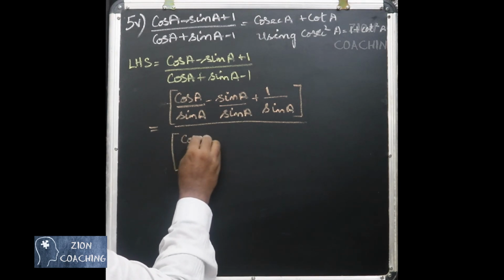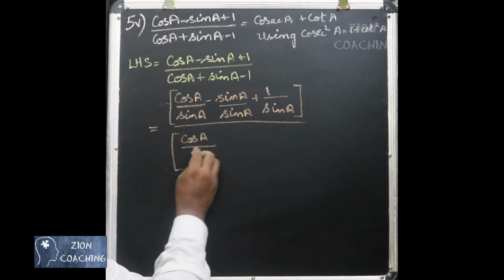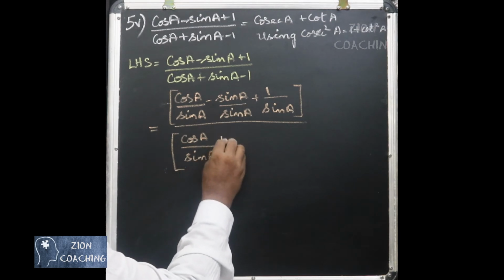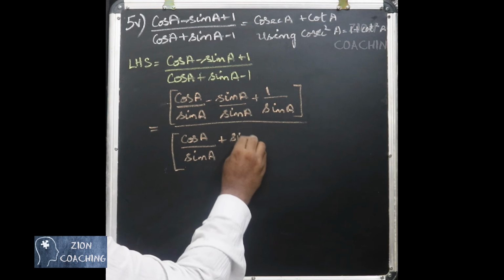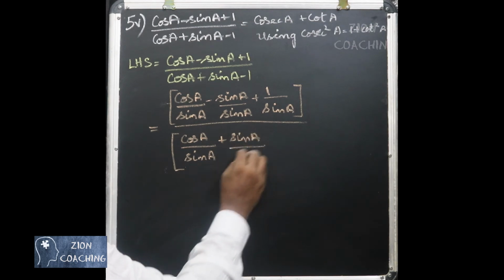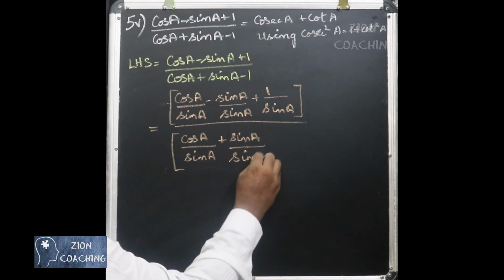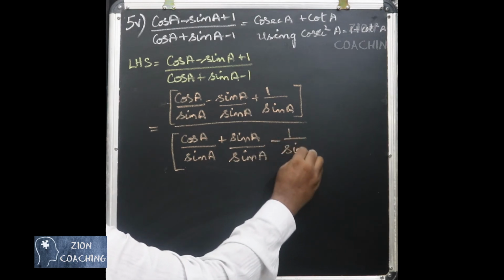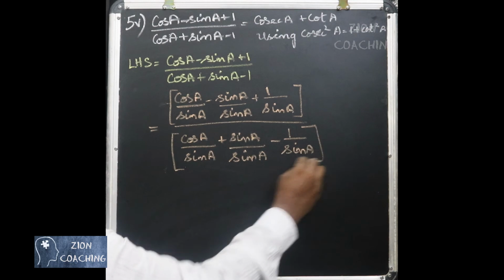So the denominator also we are dividing each and every term by sin A. So this is what we have.